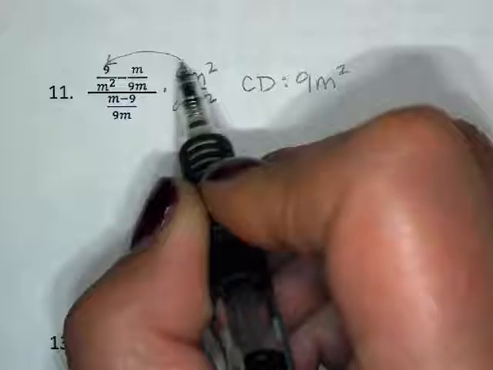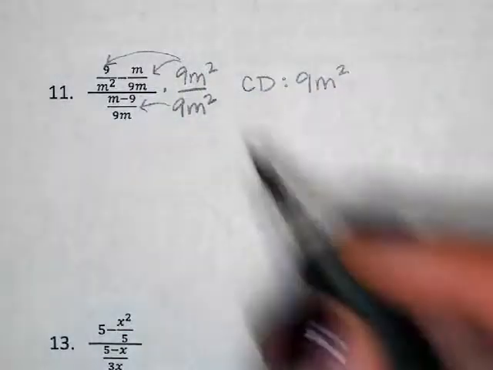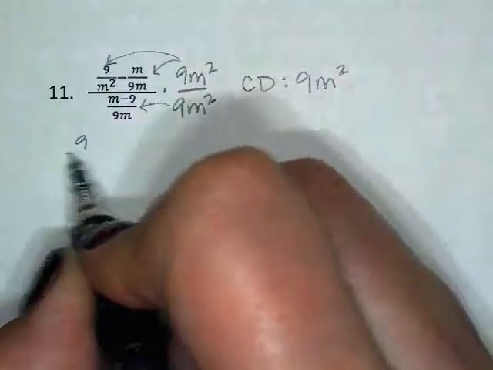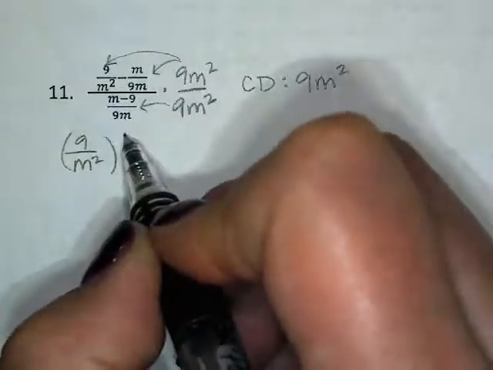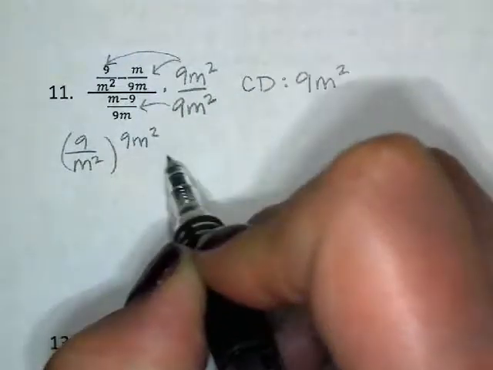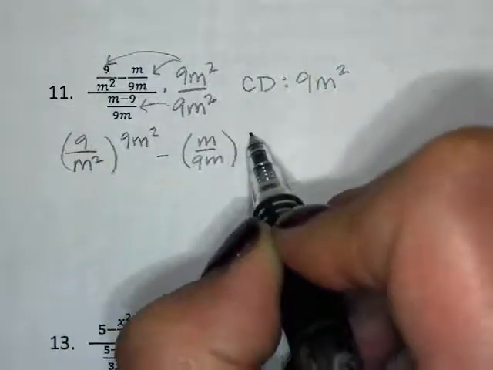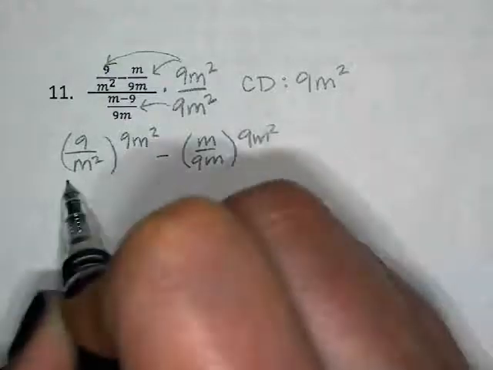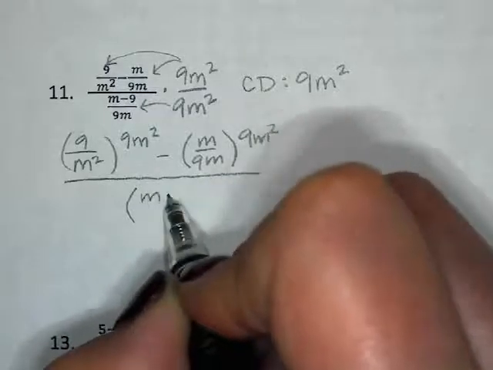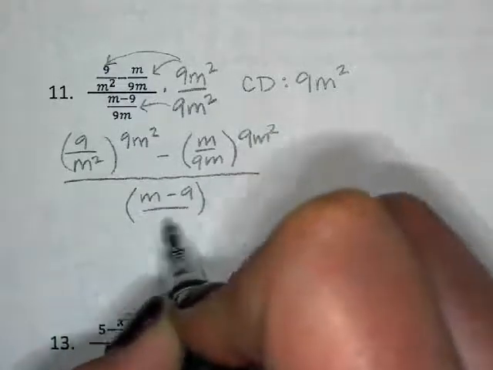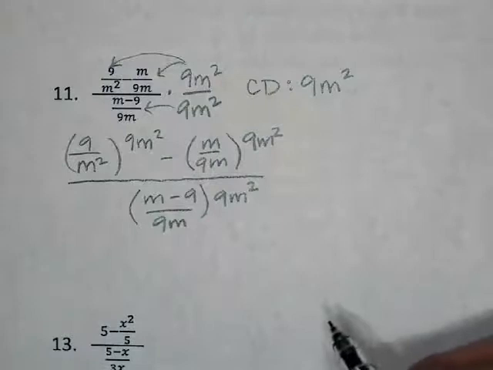They're all written as fractions, so we don't have to put over 1 for anything. There's so many m's and 9's in this problem.